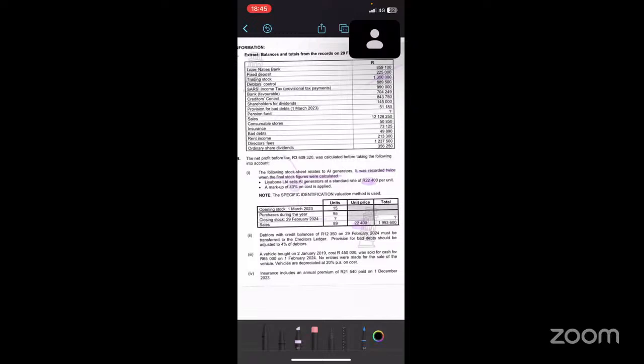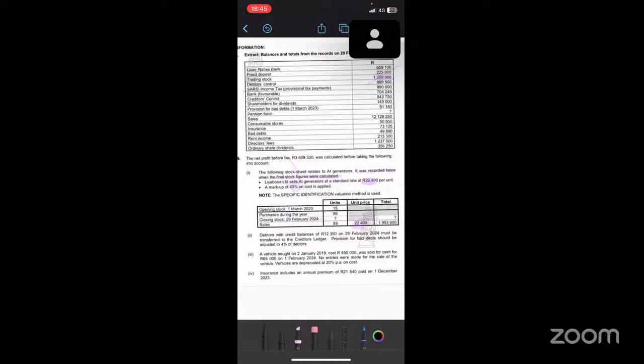I think we have prepaid expense, ma'am. Where? In IV. Insurance includes an annual premium of 21,540 paid on 1 December 2023. What is the first thing that we're going to do?